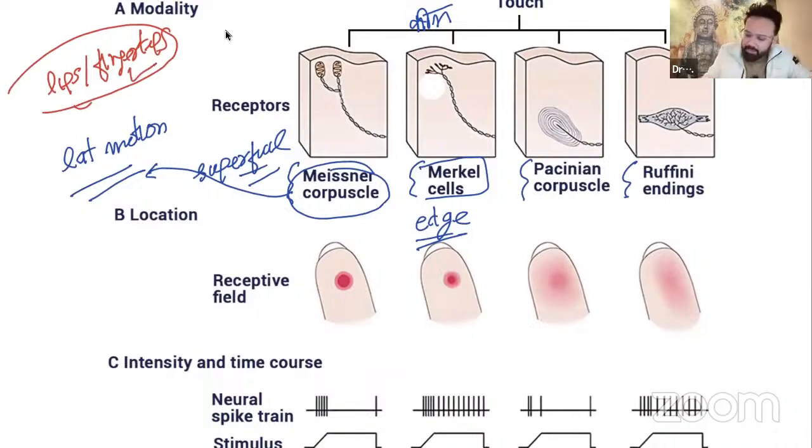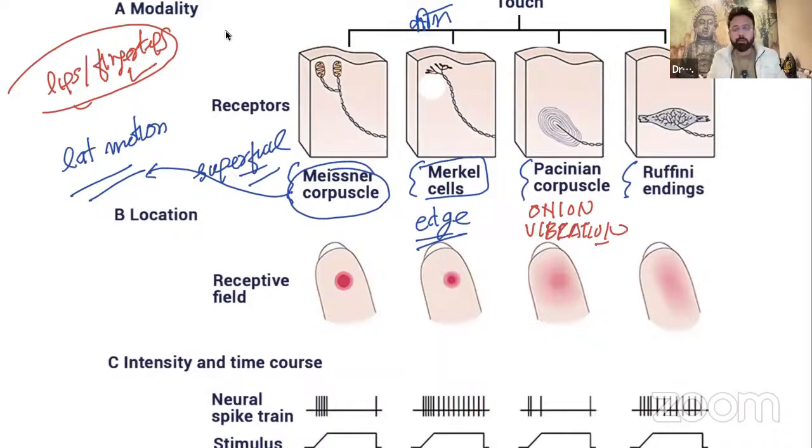Now, Pacinian, please remember this diagram. It is the shape of onion. Sense vibration. So who is sensing vibration? Yes, Pacinian. Pacinian, onion, vibration.